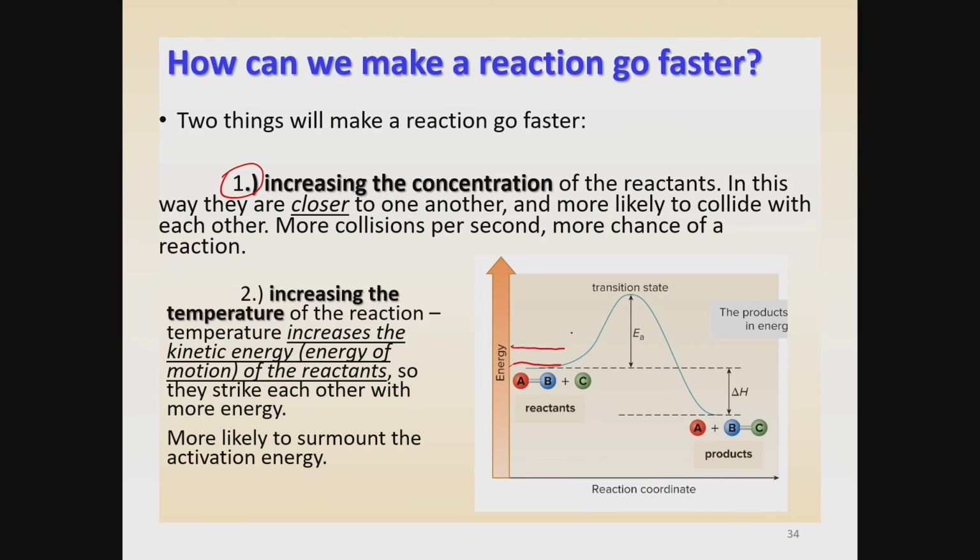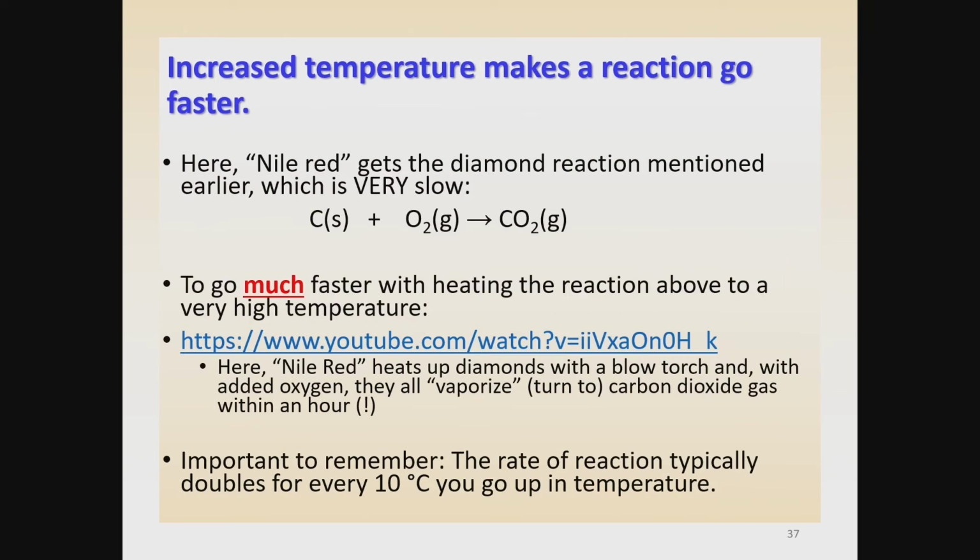And if it's higher, then you're going to have more of a chance that you'll have reactants going over this activation energy hump and becoming products. Here I'm going to show you a really nice demonstration of how increased temperature makes a reaction go faster.